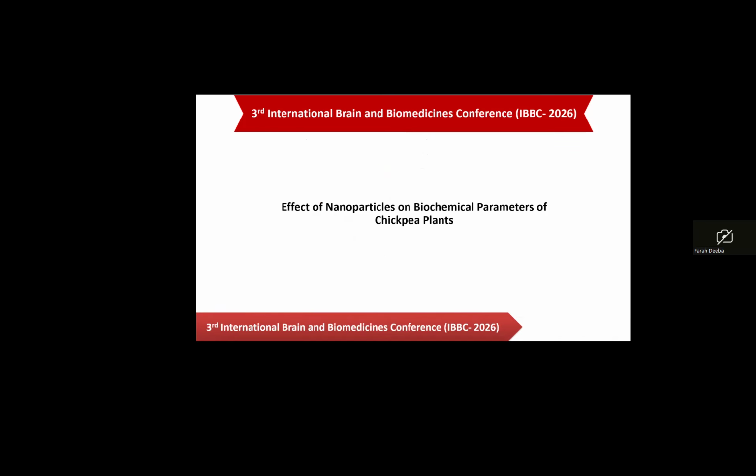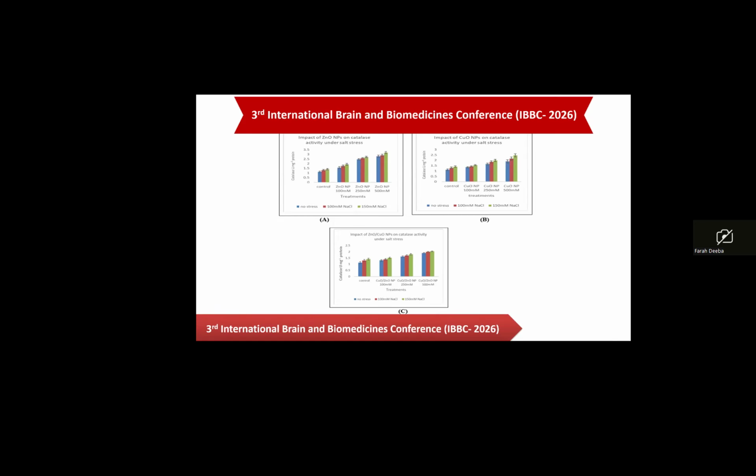After this, we have also checked the effect of the nanoparticles on biochemical parameters of the chickpea plants. Biochemical analysis focused on antioxidant-related parameters, including catalase activity, hydrogen peroxide, and peroxidase activity. Salinity stress increases reactive oxygen species, which can damage the membranes, proteins, and cellular structure.